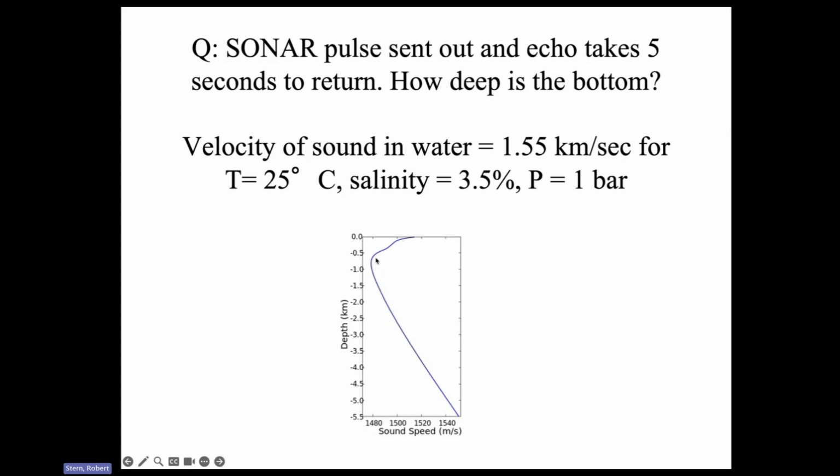There's this minimum here at about 750 meters depth, and then it gets higher and higher down. But we've assumed this is 1.5. Okay, it could be 1.5. Doesn't matter. But anyway, for this calculation, we assume the velocity is 1.55 kilometers per second.